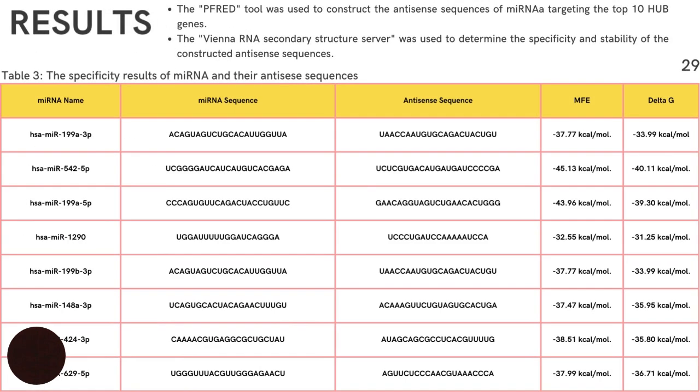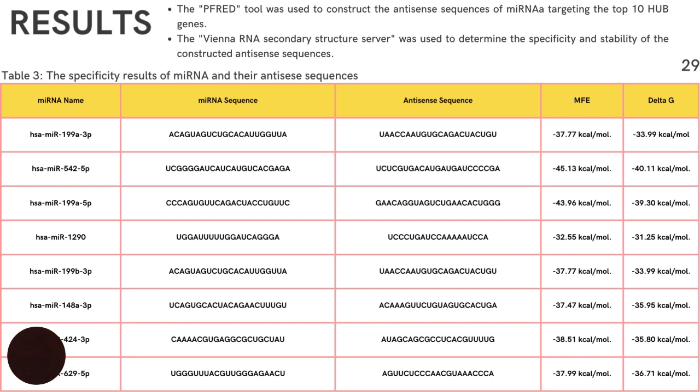Then I have used the specific tool called PFRED to construct these antisense sequences for the 16 microRNAs, and also found out their specificity with each other. This can be found out by using a tool that is present in the Vienna RNA server, which has given me the MFE values and delta G values.